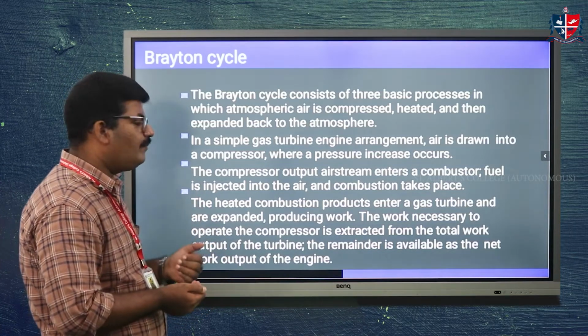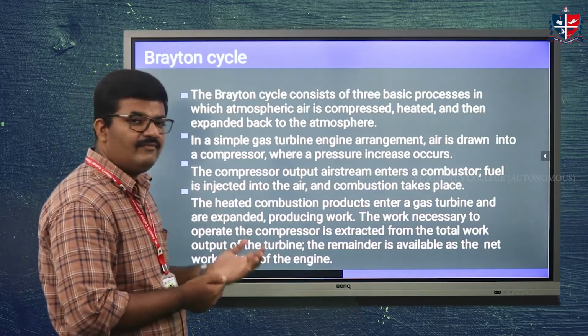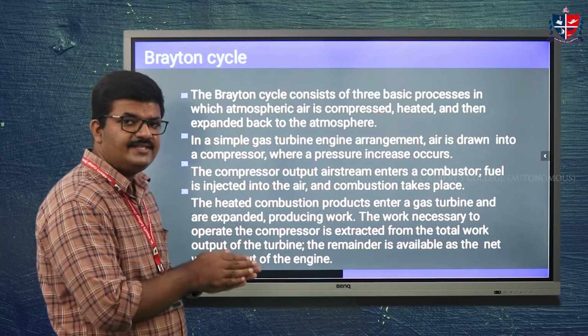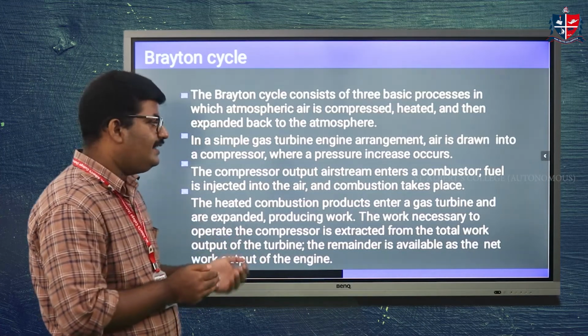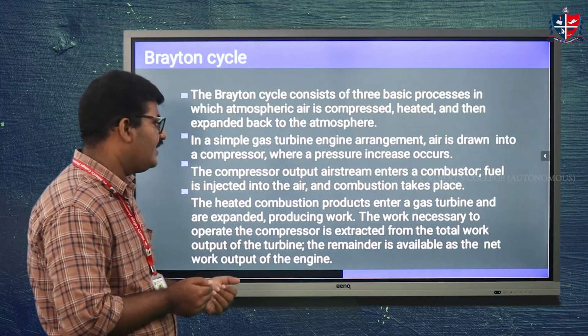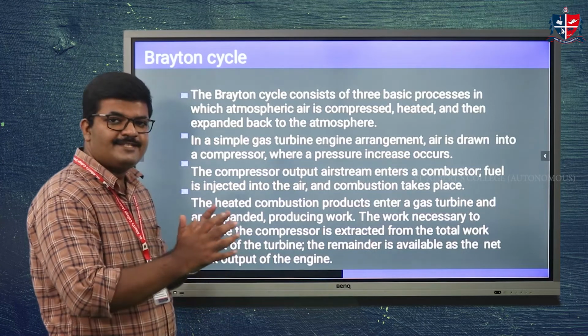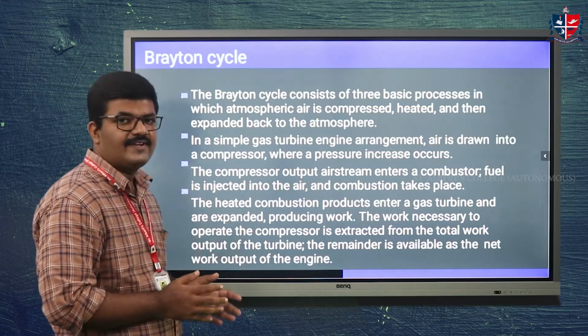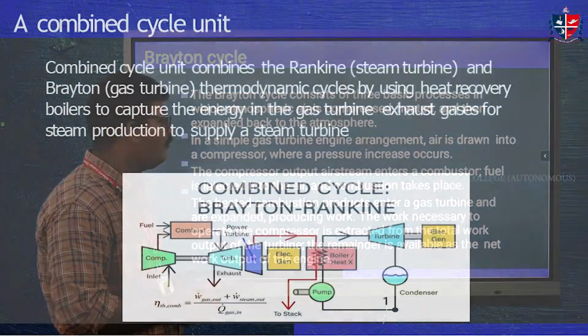The compressor output air stream enters a combustor where the fuel is injected into the air and combustion takes place. The heated combusted products enter the gas turbine and expand, producing work. This produced work can be utilized for the generation of power.